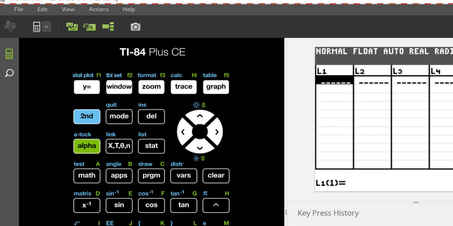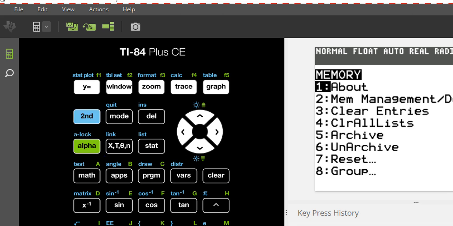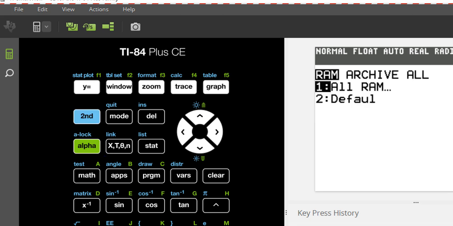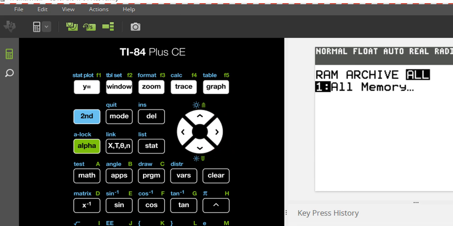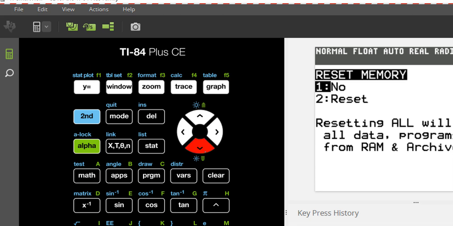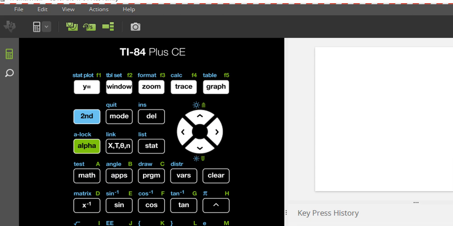Good. It starts at column 3 instead of column 4. You may have to reset your system to get that back. To reset your system, just a very quick watch: second, memory, reset, option 7, over to all, enter, go to reset, enter.